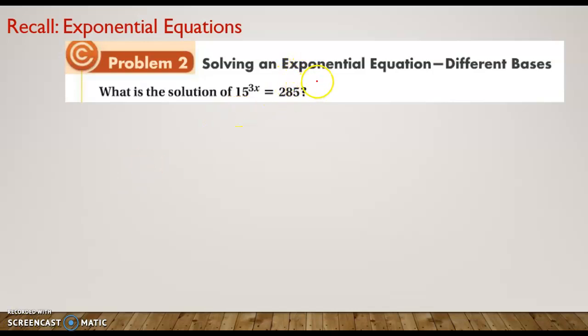So, solving with different bases, what is the solution here? Recall, I know I did this in math too, but it's been several years. When you have an exponent and you want to solve these, you're going to take logs of it, and you have to do it on both sides. So we're going to have log of 15 to the 3x equals log of 285.